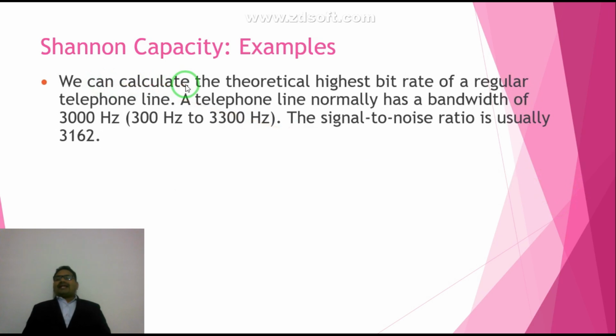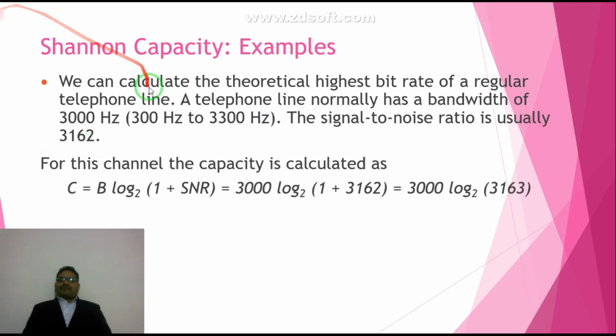Similarly, we can calculate the theoretical highest bit rate of a regular telephone line. As we know, a regular telephone line has a bandwidth of 3000 Hz, ranging from 300 Hz to 3300 Hz. The signal to noise ratio is usually 3162. Now we calculate the capacity, given by B log of 1 plus SNR.